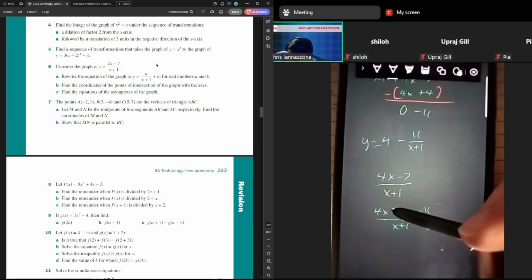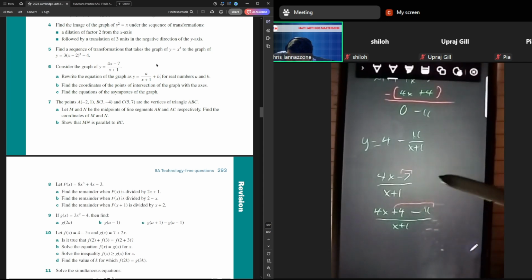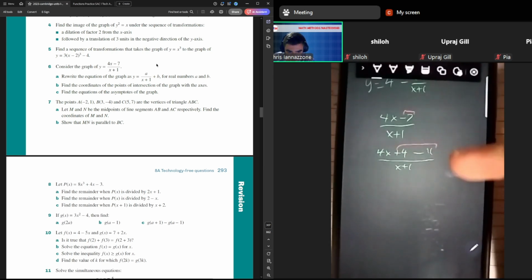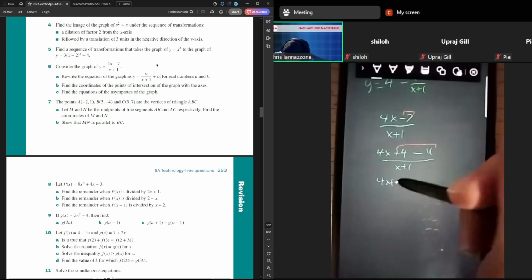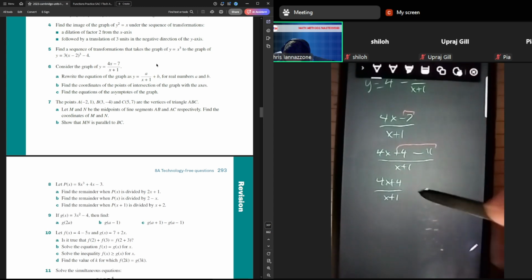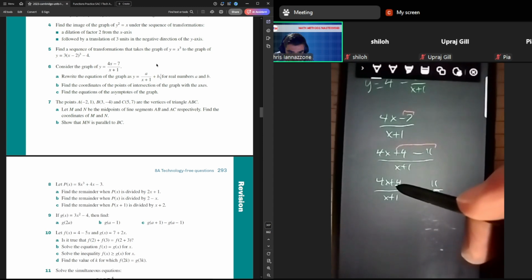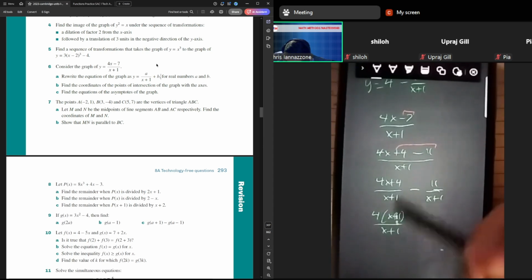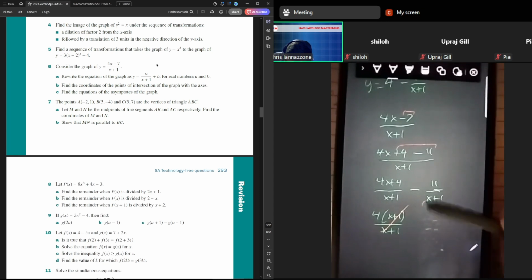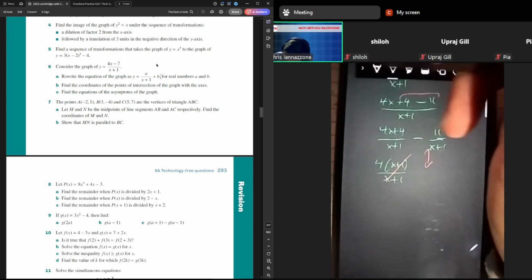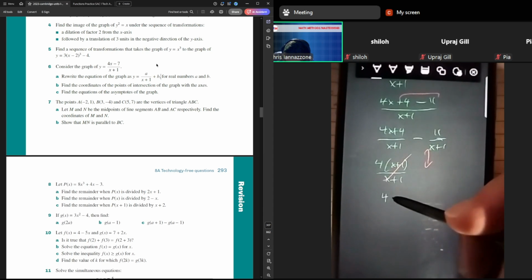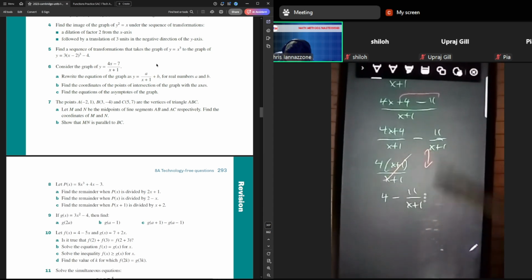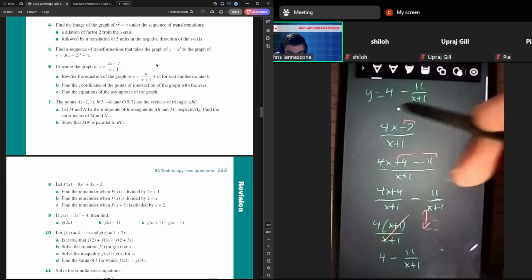Basically, it's introducing terms so that when you split your fraction up, 4x plus 4 over x plus 1 minus 11 over x plus 1, you can see if you took a common factor of 4 out the front, you'd have x plus 1 over x plus 1. Those would cancel. This would still drop down. And you're left with 4 minus 11 over x plus 1, just like we created from earlier.